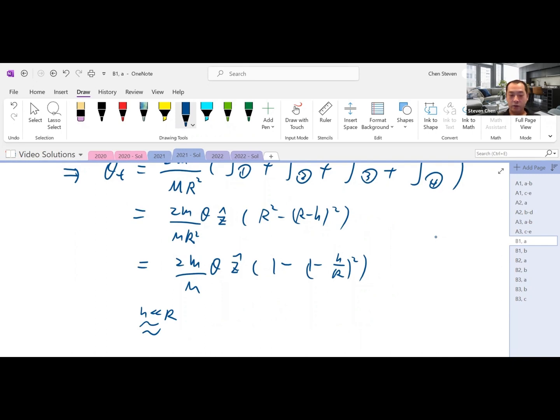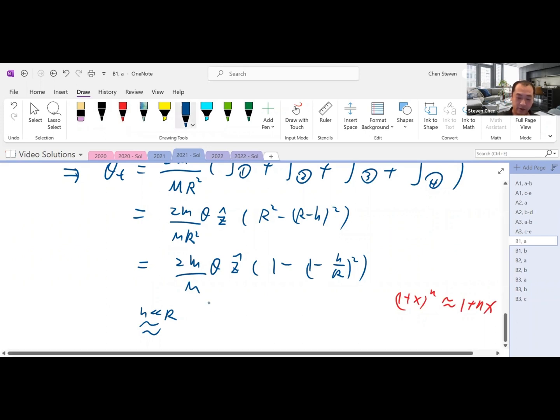So we can apply the formula that if x is close to 0, ln(1+x) is approximately x. So you plug it here, then this result is approximated by this one. So this is the answer to part 1.